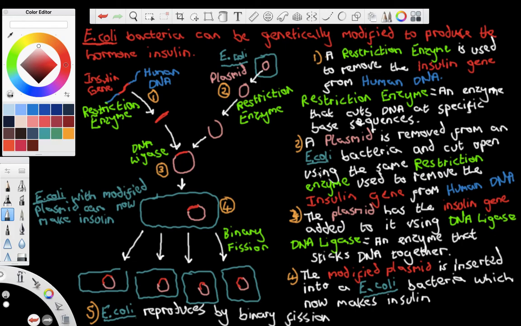However, this is highly experimental at the moment. It's not used widely. However, it is a hope in the future that genetic illnesses such as cystic fibrosis and Huntington's disease can undergo this process where humans can have their DNA altered so that they no longer have that genetic illness.